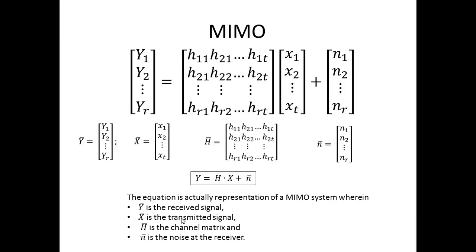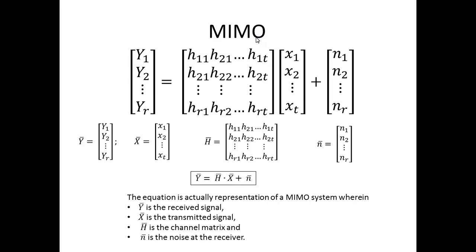Let us consider a MIMO system having R receiving antennas and T transmitting antennas. Then the modeling of the system will be as follows. Y1, Y2 up to YR are the received signals at the receiving antennas, and X1, X2 up to XT are the transmitted signals at the transmitting antennas.